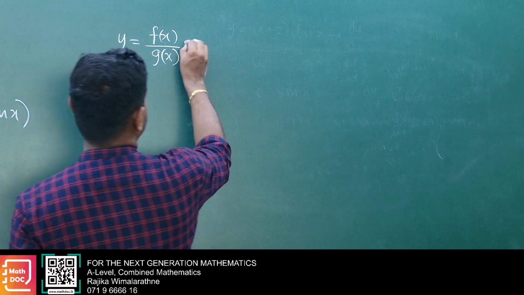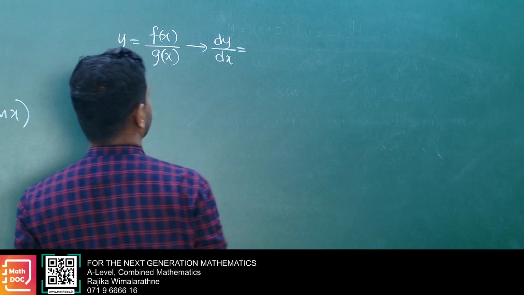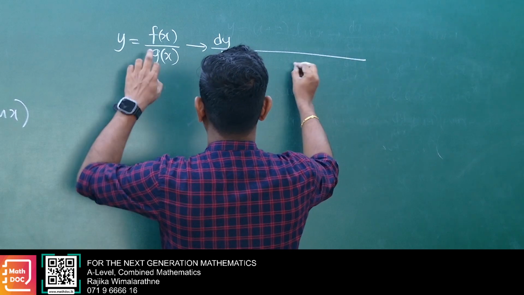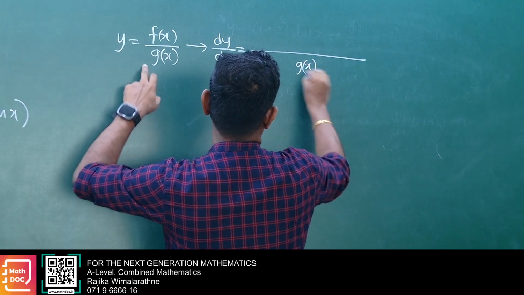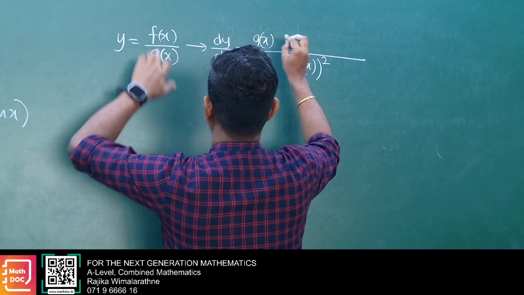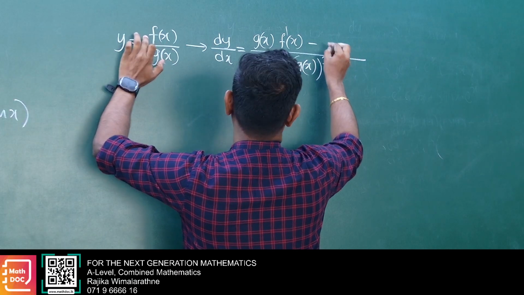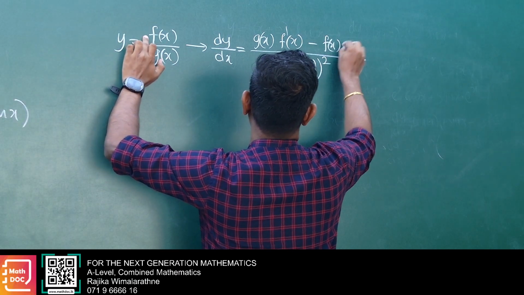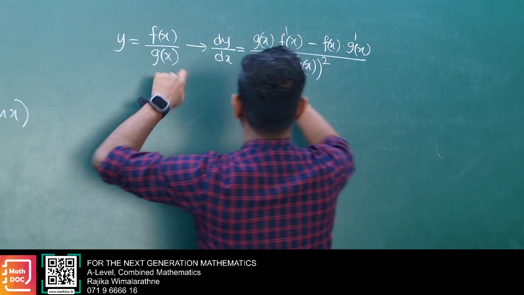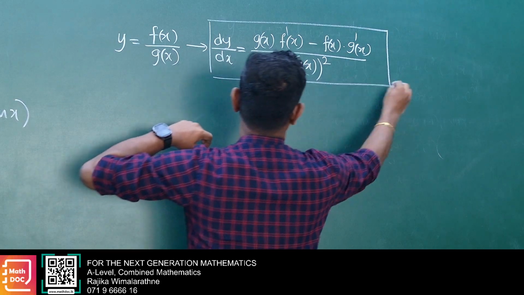Then dy by dx equals denominator square, denominator times derivative of numerator minus numerator times derivative of denominator. Here the rule we call quotient rule.